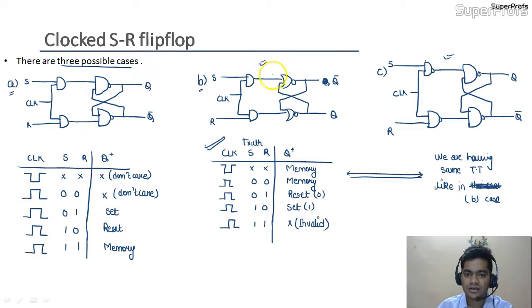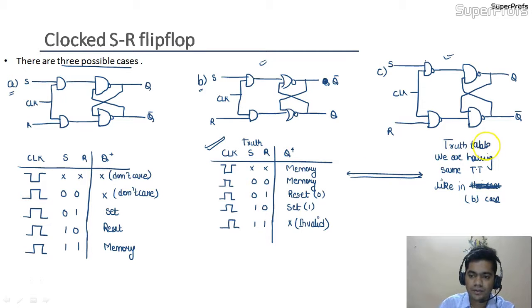This clocked SR flip-flop is constructed from NOR gates using AND gates for passing the clock pulse. But for this case we have constructed using NAND gate latch, and we have passed the clock pulse using the NAND gates. So for this the truth table would be same.